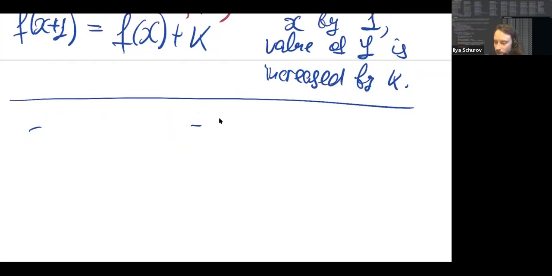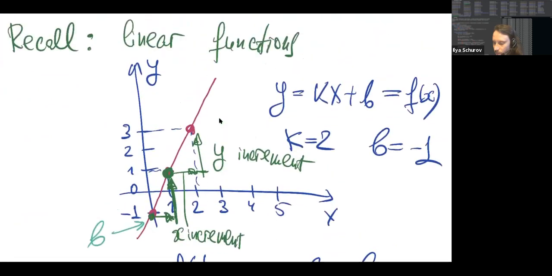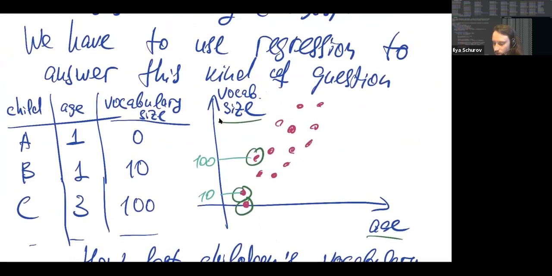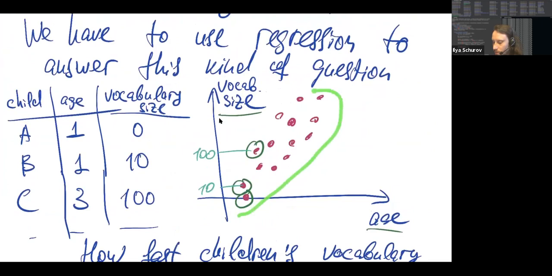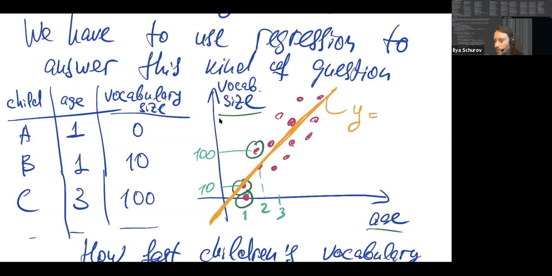Let me return to this picture, and let us assume that we have some straight line that is, in a sense, the best fit to this data. And this straight line looks like this one. And then this straight line is also given by some equation like y equals kx plus b.